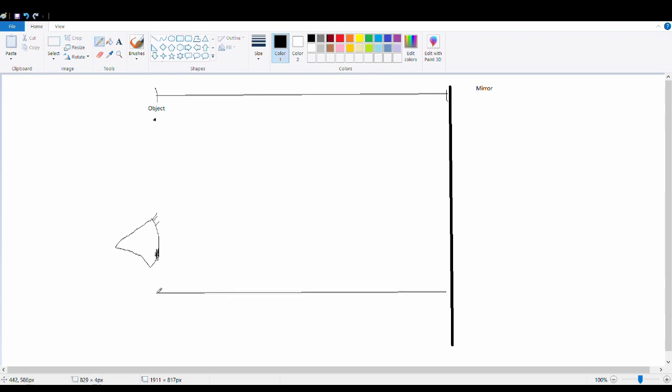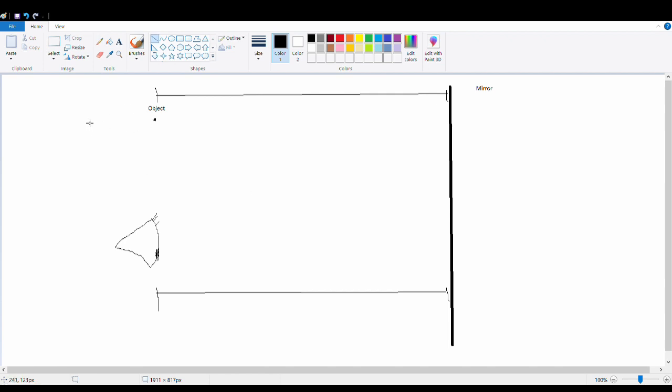Now, we also know that the ray will have to hit the mirror at some point and go back right here at the eye. Now, we can find out that the point where the object ray has to hit is easily findable by doing this.